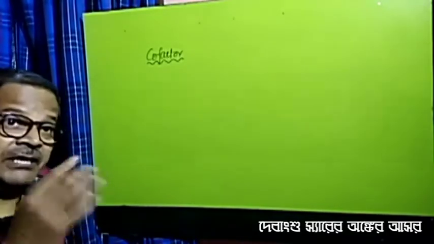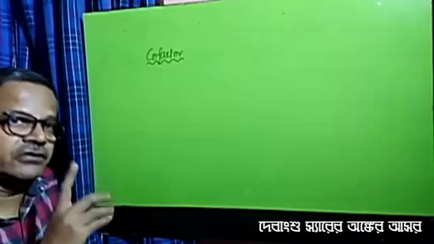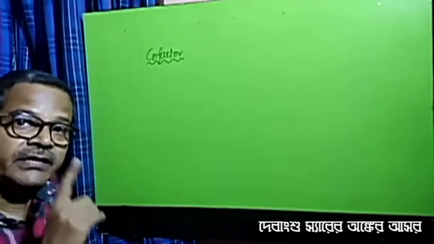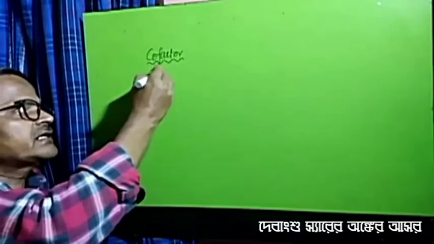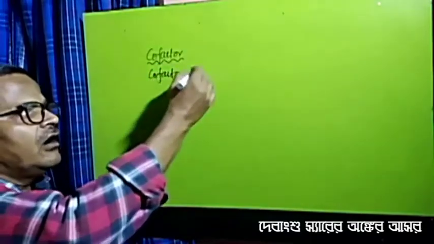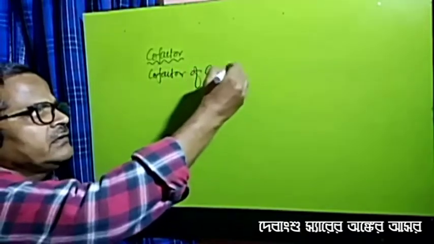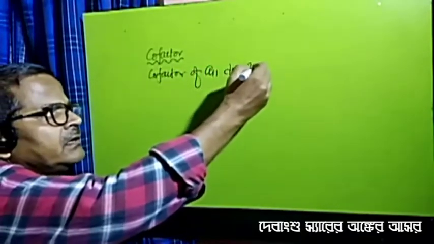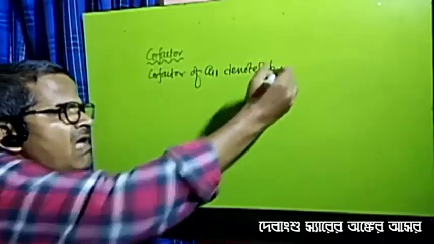After minor, we come to cofactor. Like minor, cofactor is also defined corresponding to elements. Cofactor of A11 is C11.